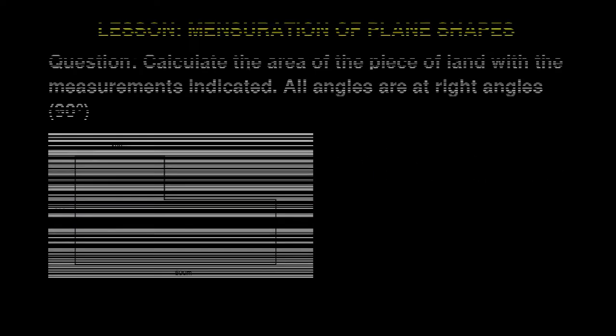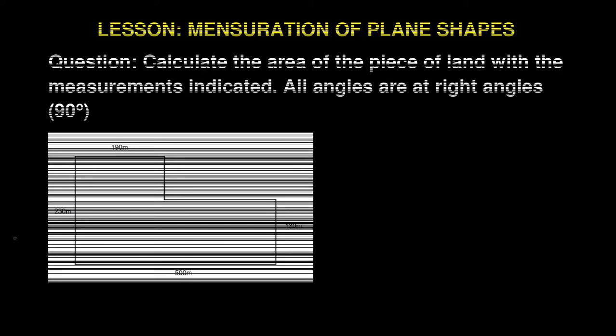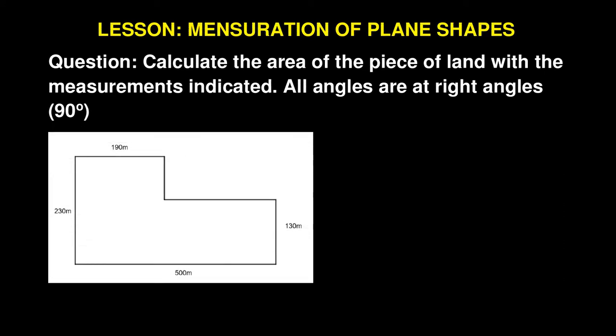Mensuration of plane shapes is an interesting topic which requires a bit of analysis before you answer it, but when you are able to analyze it correctly, it becomes one of the easier topics that can give you good marks in an exam.